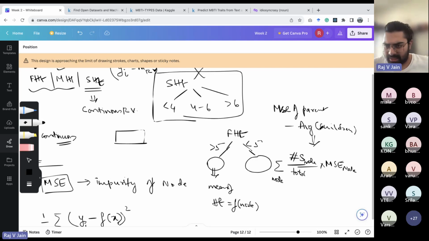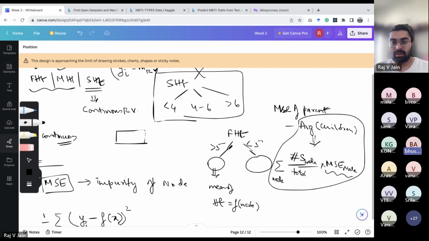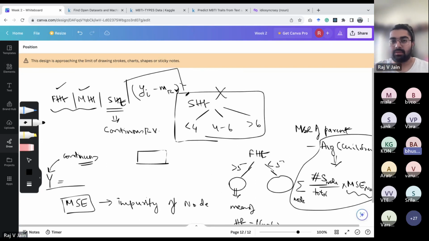Same thing we did before, right? It is the average over the children: each child node's MSE weighted by the fraction of samples that are in that child node. That's the average. And once again, how did we calculate MSE? We took the mean of the node and subtracted it from the value of the node.